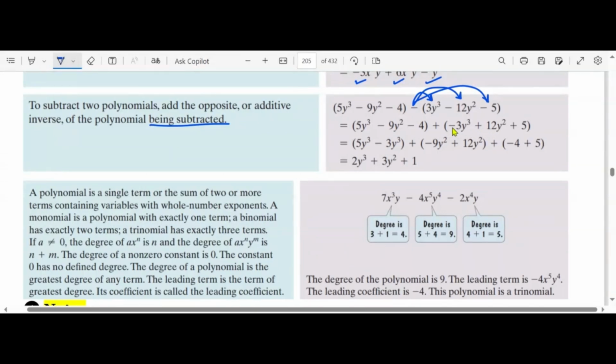Inside, this becomes negative, this becomes positive, and this becomes positive. And then you combine like terms. You add y cubed: 5y cubed, -3y cubed gives you 2y cubed. -9y squared plus 12y squared gives you 3y squared. -4 plus 5, 1. That's it. Easy?